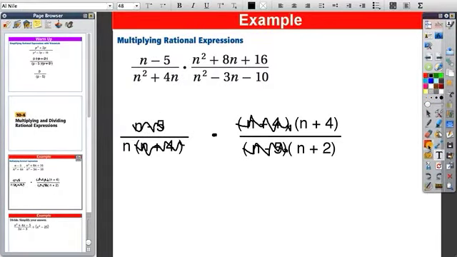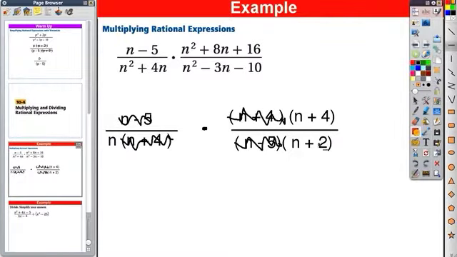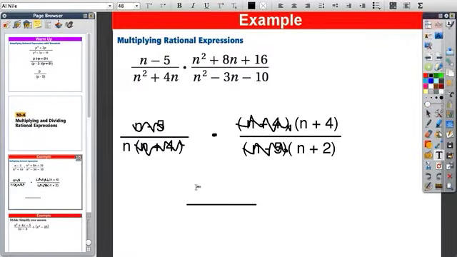So the final answer for this problem is n plus 4 on top, and then on the bottom I have n and n plus 2. That's this part and this part.